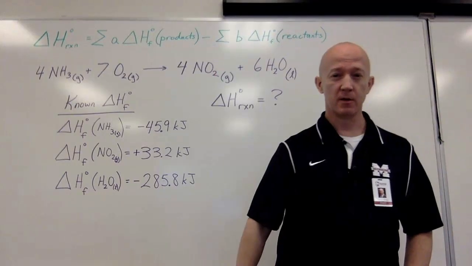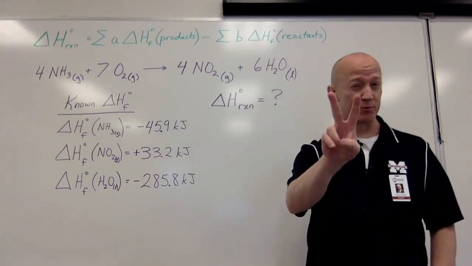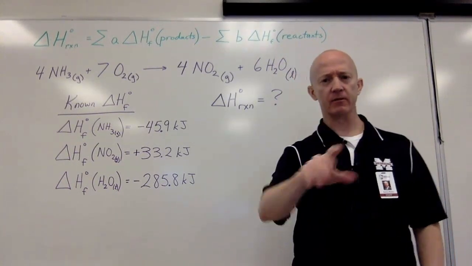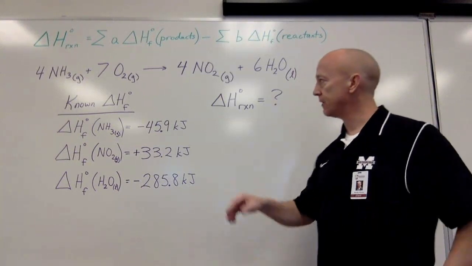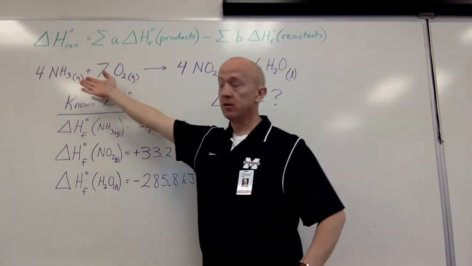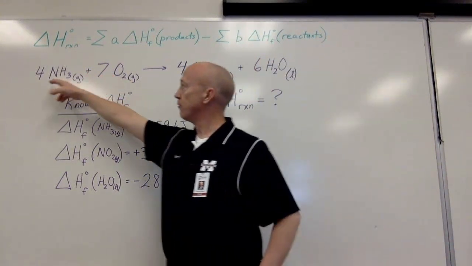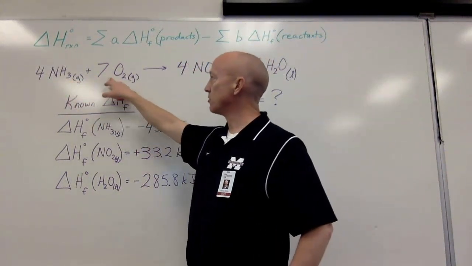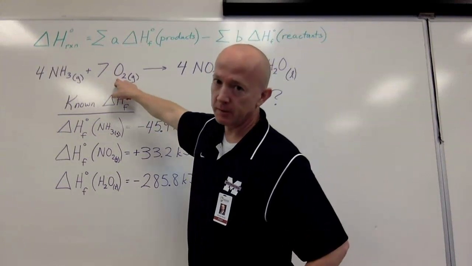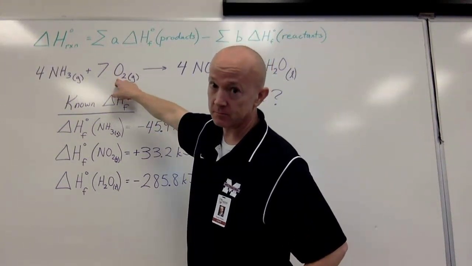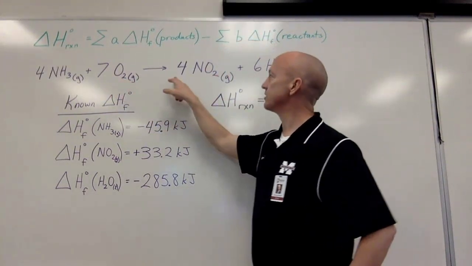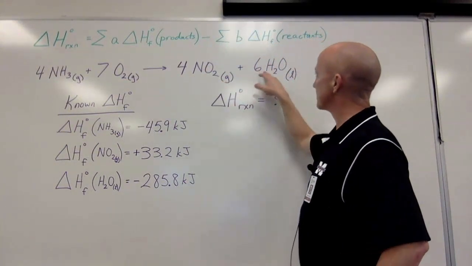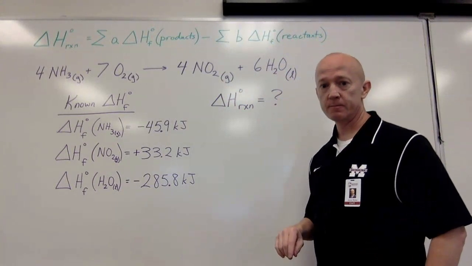Got it? Okay, I want you to try 2 problems this time. You can do it. I know you can. Here's the first one. If I have this reaction, 4 moles of ammonia gas combines with 7 moles of elemental oxygen gas to give us 4 moles of nitrogen dioxide gas and 6 moles of liquid water.